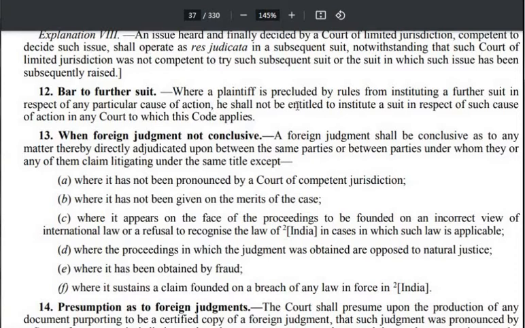So he shall not be entitled to institute a suit in respect of such cause of action in any court to which this Code applies. ठीक, मतलब किसी कोर्ट में आप वो सूट फाइल नहीं कर सकते अगर आपके ऊपर प्रोहिबिशन है तो. ठीक, तो इट इज ओनली अ डिक्लेरेटरी सेक्शन एंड इट इज डिपेंड ऑन सर्टेन रूल्स.